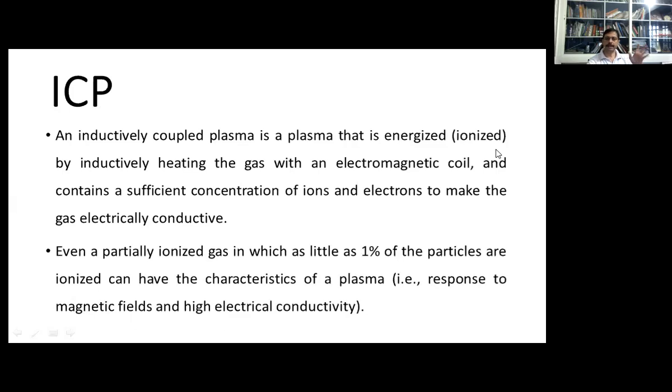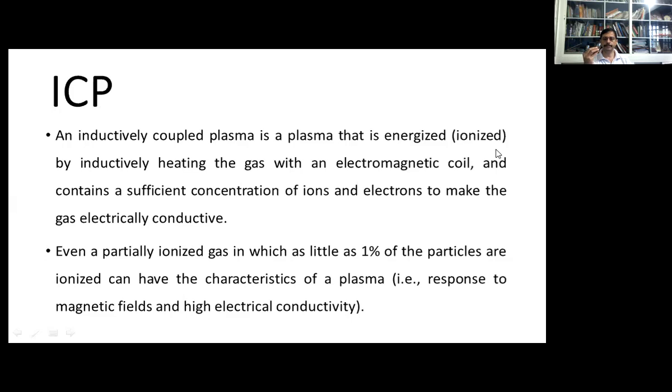Even a partially ionized gas, entire molecules of the gas need not be ionized. A partially ionized gas, maybe as little as 1% of the particles when ionized, can have the characteristics of a plasma. That means response to magnetic fields and high electrical conductivity. These are the two important characteristics of a plasma.